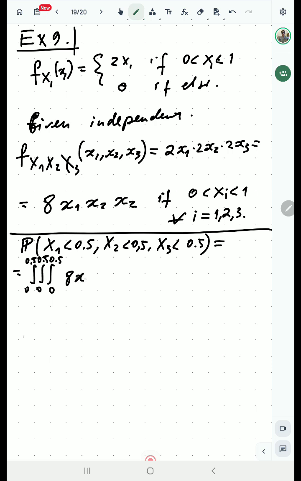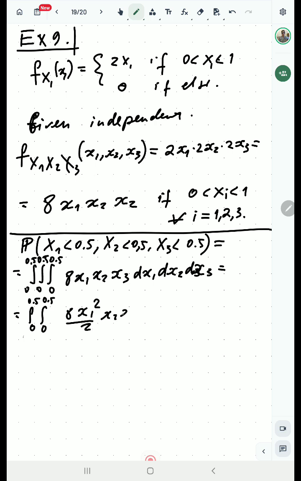Here we have 8x1x2x3. If you do that, you're going to receive 8 times x1 squared over 2, times x2 x3, evaluated between 0 and 0.5.